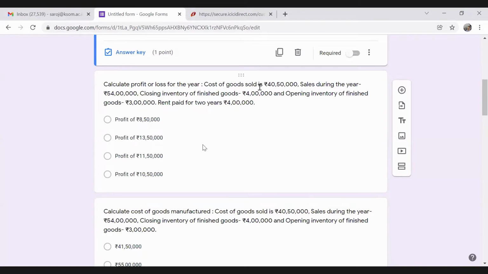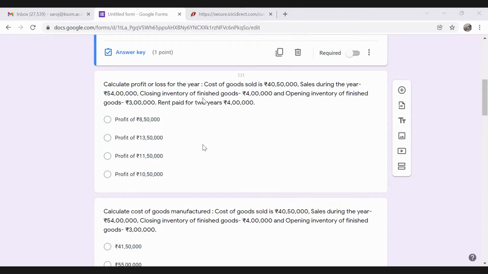Cost of goods sold is... In this question, you are asked profit or loss. See, I have given 4-5 figures, and I have tried to add as many questions related to the calculation of cost and calculation of profit with a little bit of variation, not very lengthy, so that by doing 5-6 questions, you will have clarity of understanding on this.